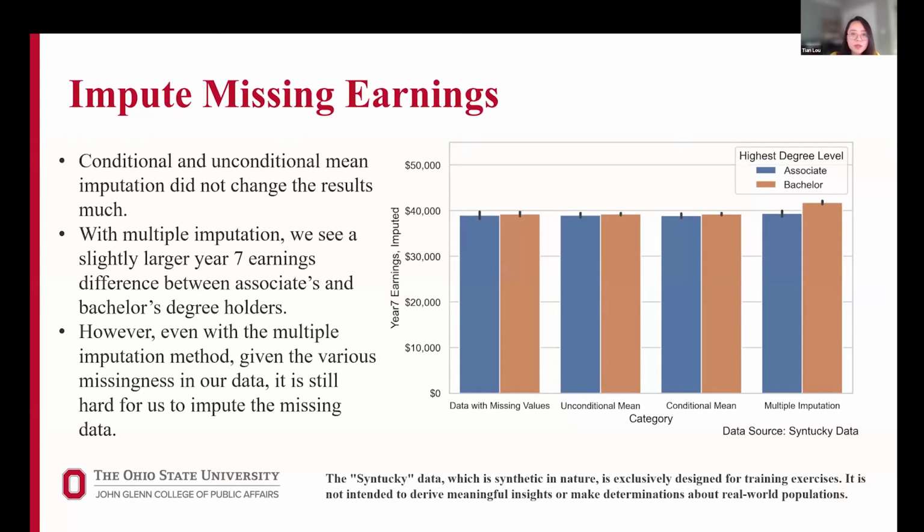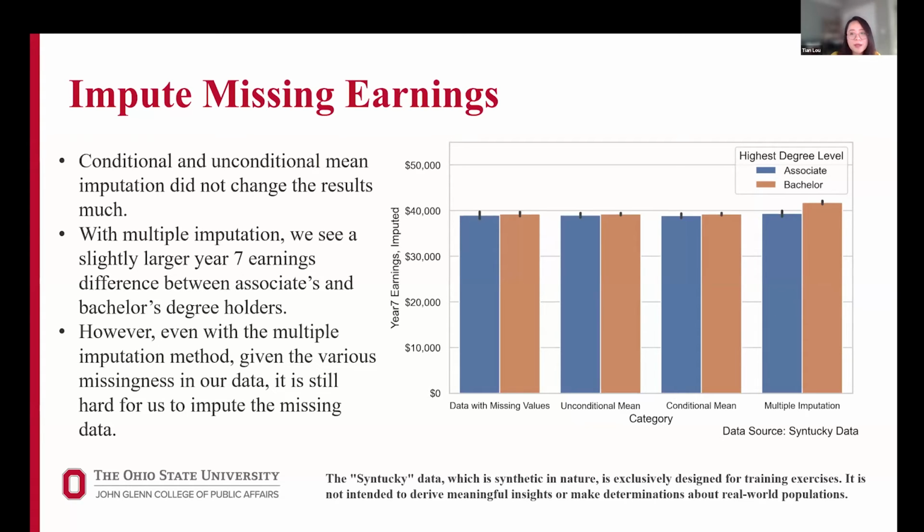So with those results, I think this is consistent with what Carol just mentioned about those different types of missingness. Given the discussion earlier, it's very unlikely that this is missing completely at random, because we can see that there is certainly some systematic missingness in our data.